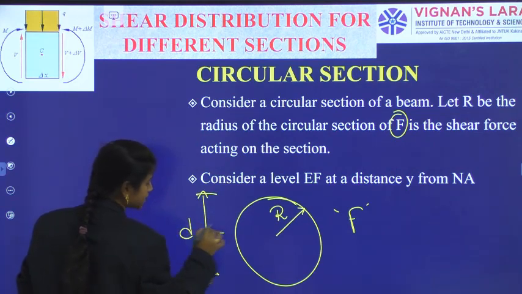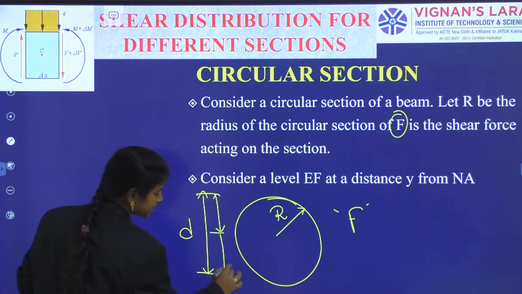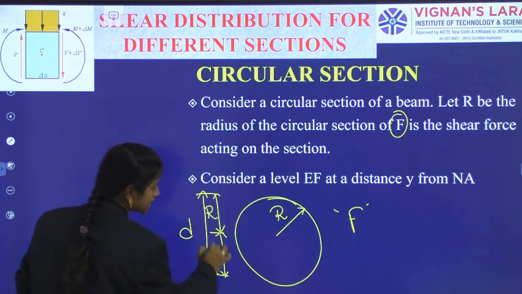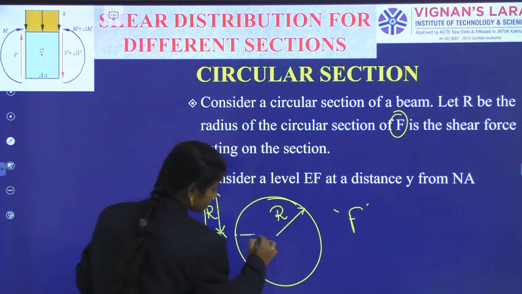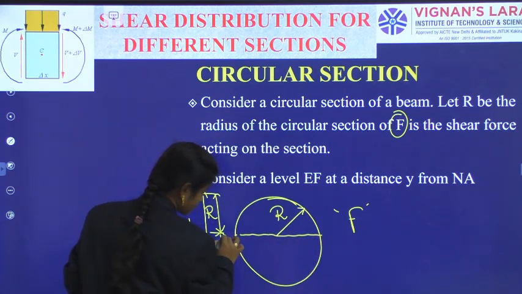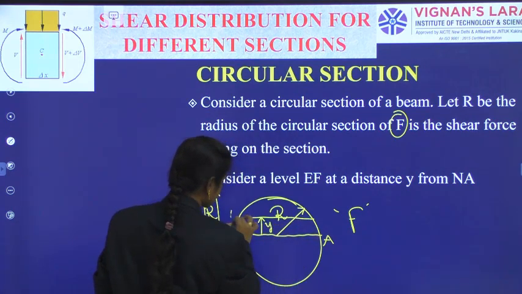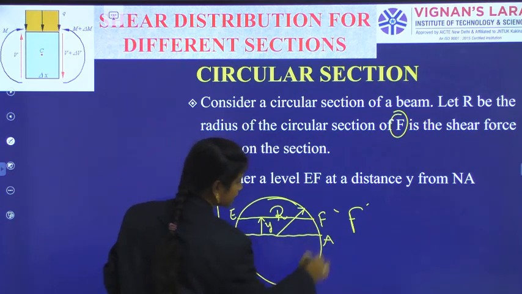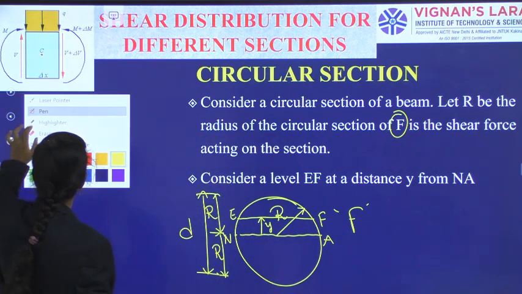If the overall depth is D, half the depth means R, so the neutral axis location is at R level. At a distance of y from the neutral axis, I am considering a level EF. Simply, that is my indication for the picture.